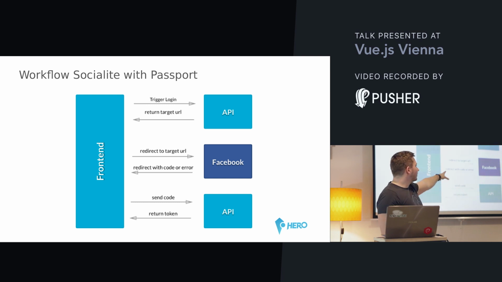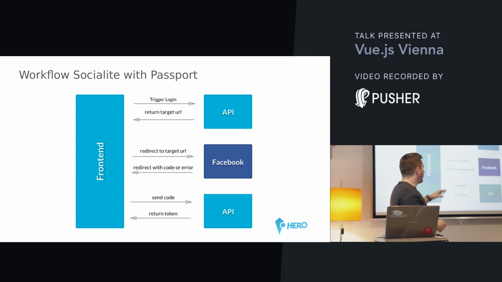After that, you have the authentication process again, but the code goes back to the front end because the front end called Facebook. Not the API called Facebook, the front end called Facebook, because we want the user to be redirected within the front end.